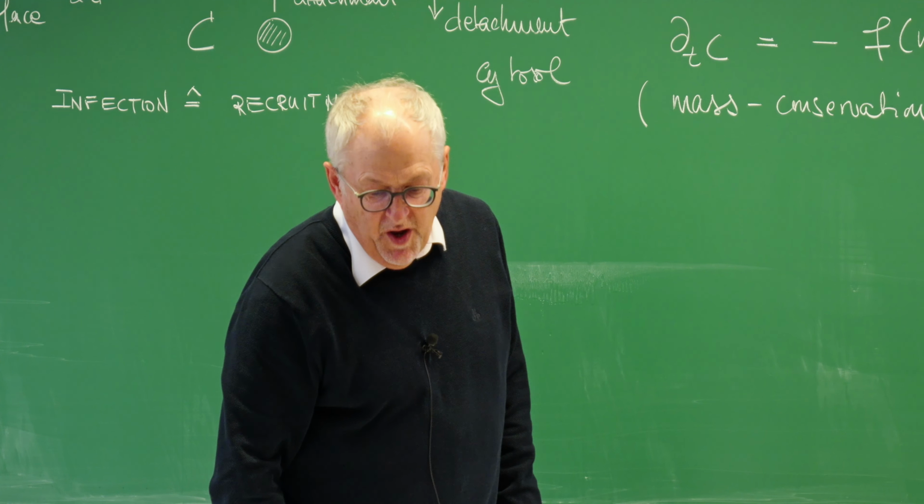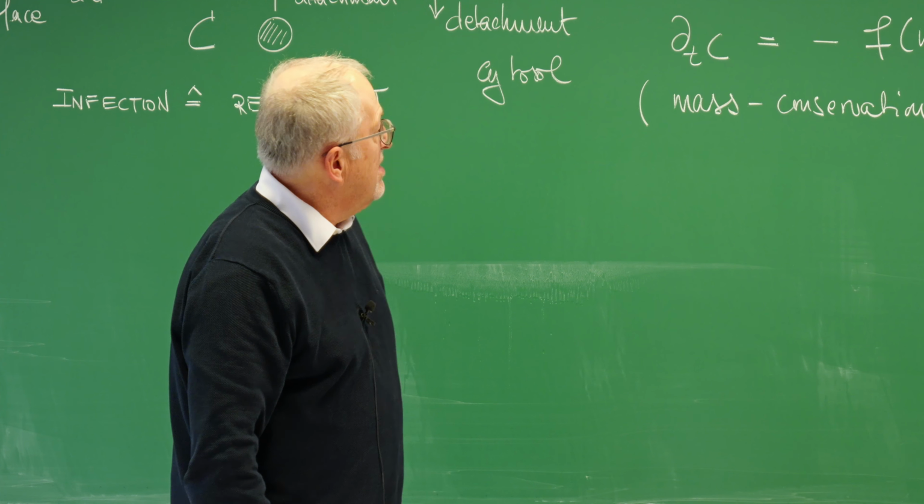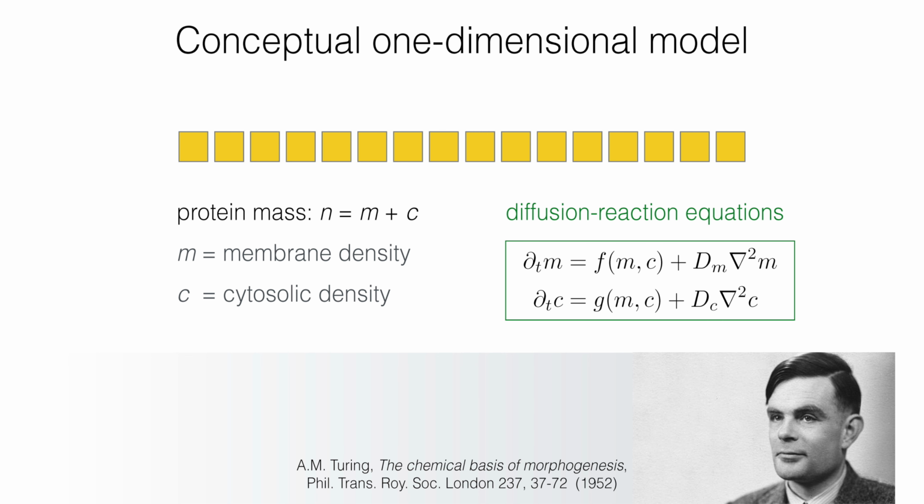This whole theme of conceptual one-dimensional models, two-component models, in space has a long tradition. So if you look at those equations and you add diffusion to it, then it's a very famous set of equations that was written down by Alan Turing in 1952 in a paper which he called The Chemical Basis of Morphogenesis.